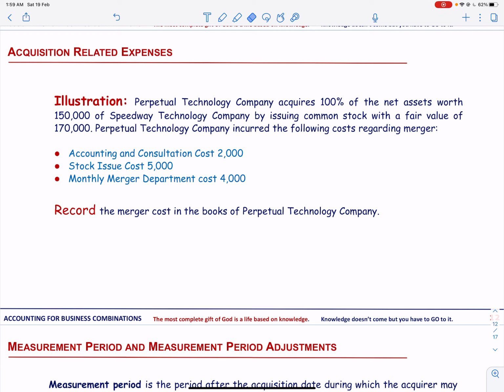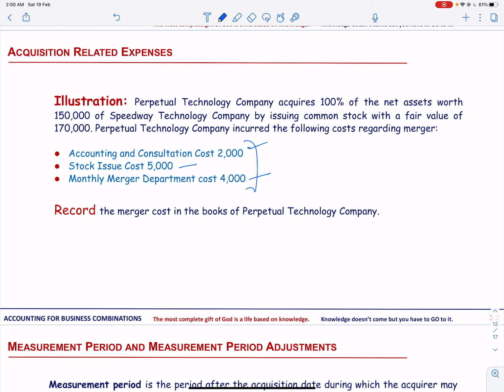So professional fees expense will be debited by 2,000. Merger department expense, that is indirect, will be debited by 4,000, and other contributed capital security issue cost will be debited by 5,000, and cash will be credited by 11,000.